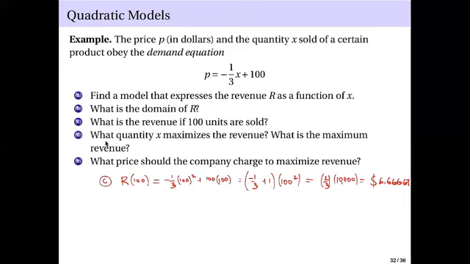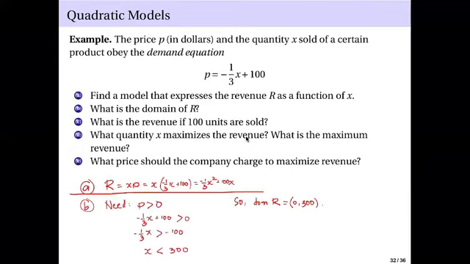Letter D. What quantity X maximizes the revenue? Okay? So take note, we want the maximum revenue. If we go back to this, you have a quadratic equation and you have a negative coefficient for x squared.